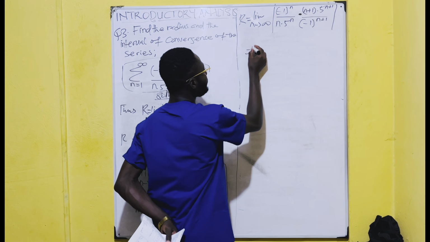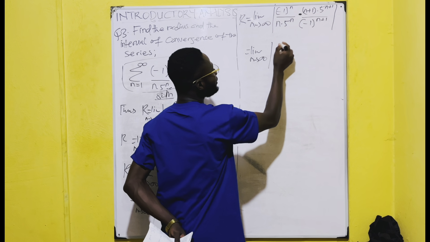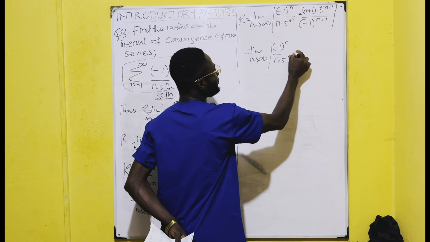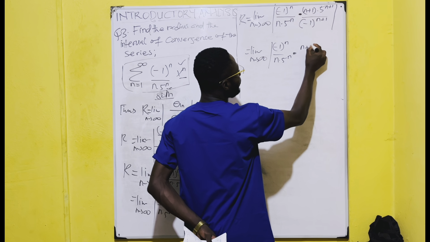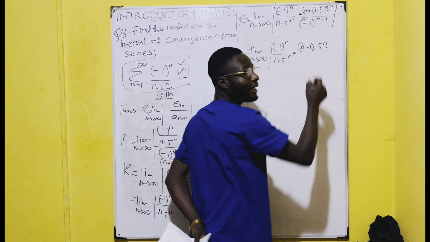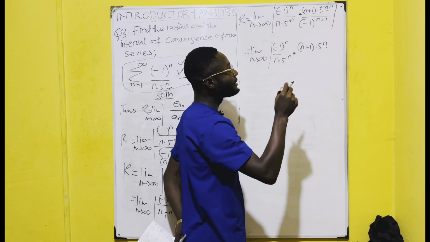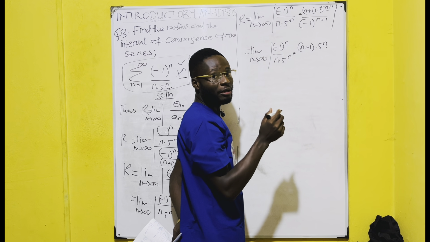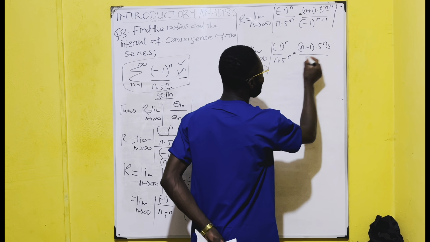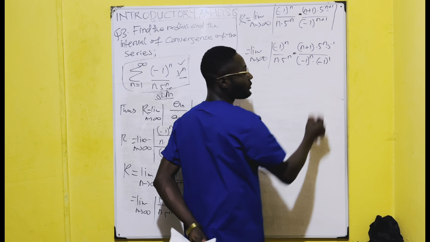So from here, we can say that the limit as n approaches infinity of this now becomes, times (n+1) times 5^n times what? We apply indices here. You know that 5^(n+1) means 5^n times 5^1. So we have 5^1 here, divided by (negative 1)^n times (negative 1)^1.